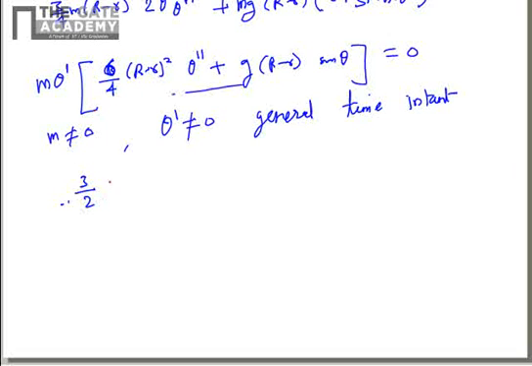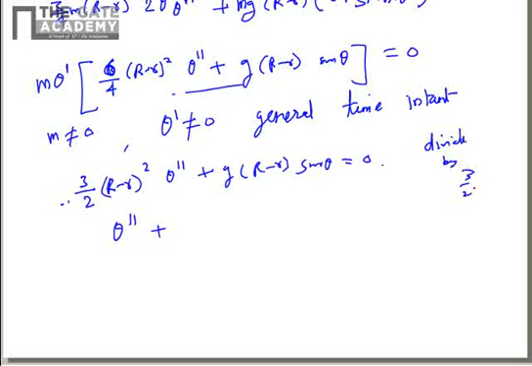Hence 3/2 (R − r)² θ'' plus g(R − r) sin θ is equal to 0. We'll arrange this equation similar to what we have in a second order linear homogeneous differential equation.